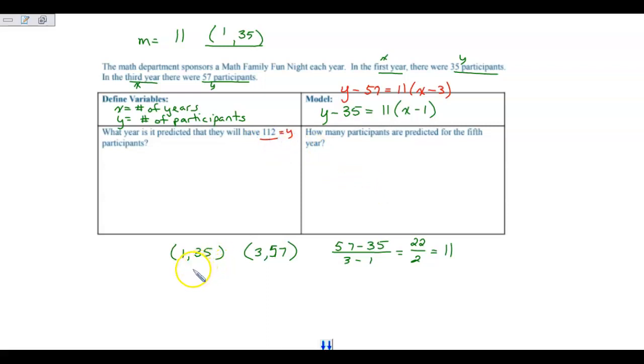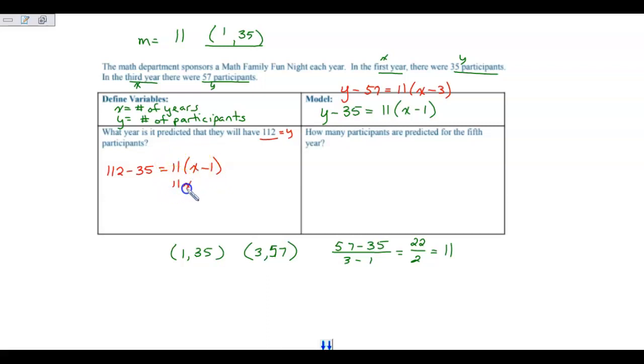And there's a couple of ways you could do this. You could slide 112 into this equation and solve for X, or you can simplify down to the slope-intercept form and plug in 112 for Y there as well. But we're just going to go ahead and use this one for this time. So Y is 112. We're going to subtract 35 from it. Equals 11 times x minus 1. I can distribute here.